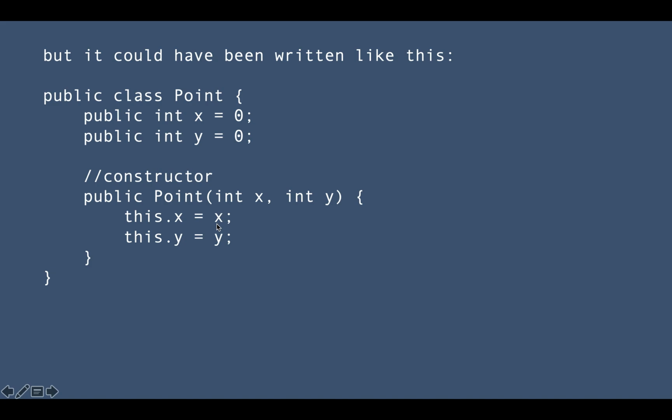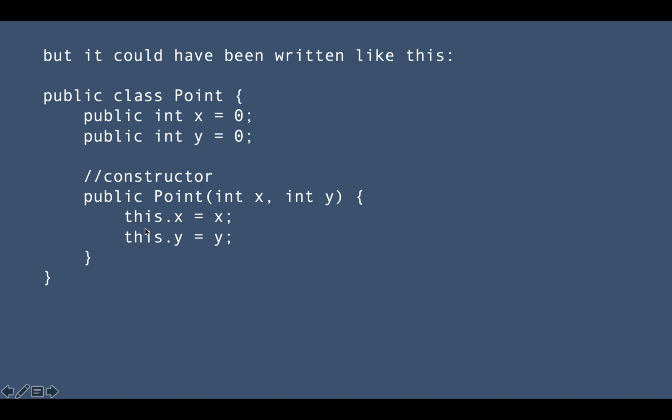If you just say x, it's going to automatically default to the local parameter. So the x inside of the constructor, if we were to just say x, it's going to refer to the parameter x. So we have to use this dot x if we want to reference the class level variable.